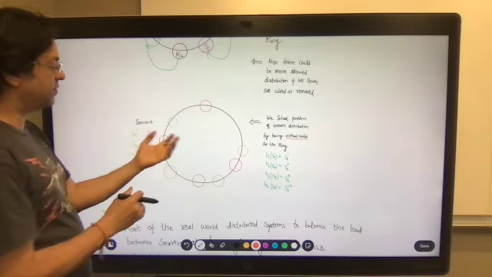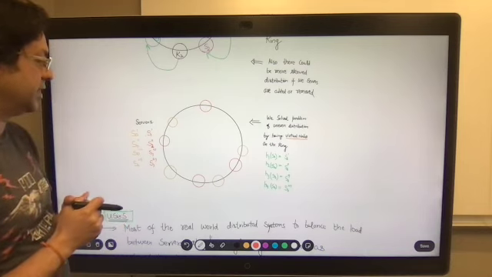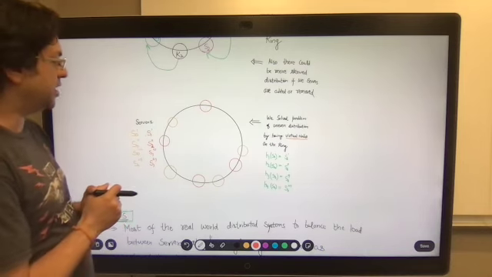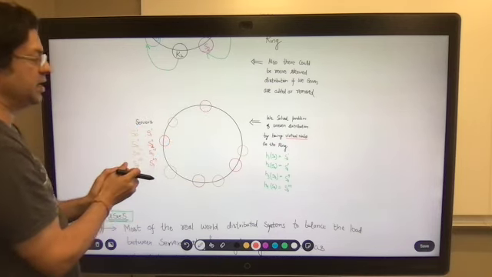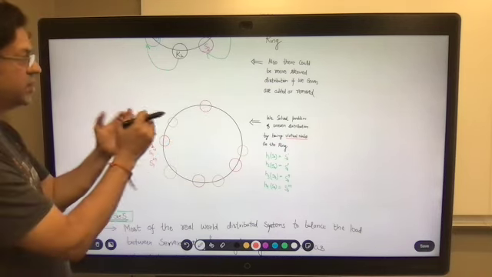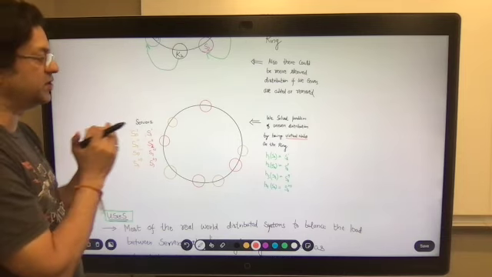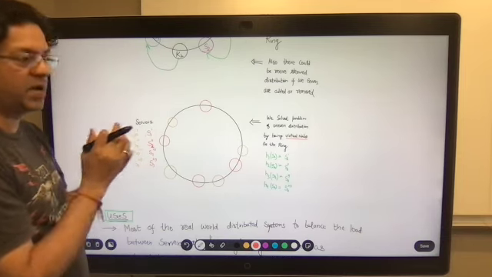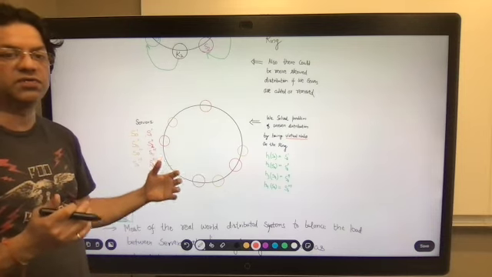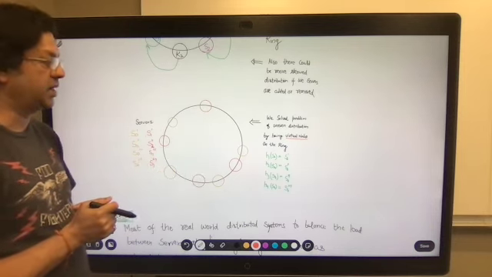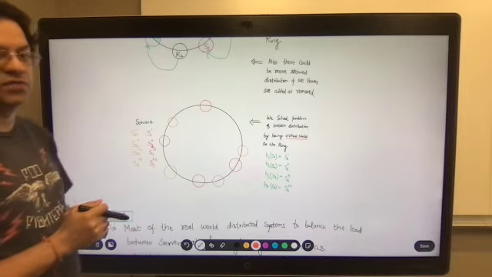I have shown only four here, but in the usual case, we fill the ring so it is equally distributed. So that's why, with consistent hashing through virtual nodes, we achieve the equal distribution with which we started this topic: we wanted to achieve equal distribution and minimal data movement if the servers are added or deleted.